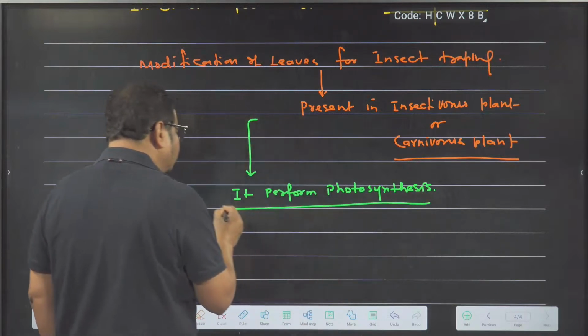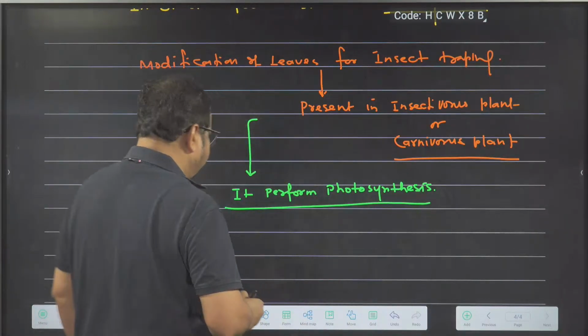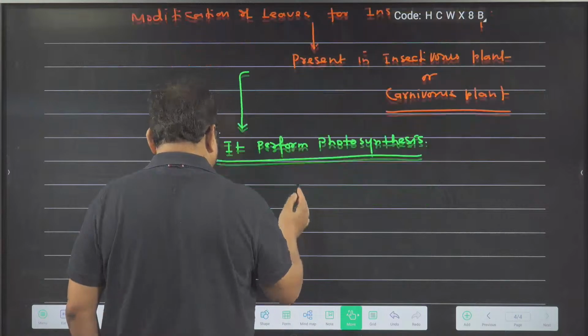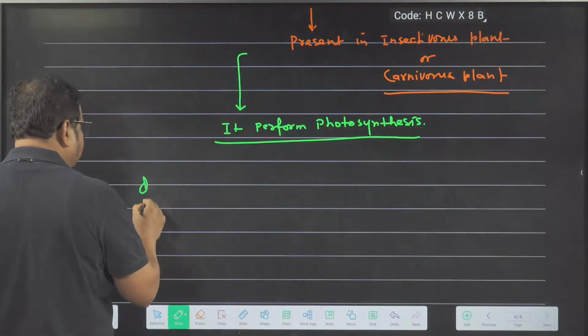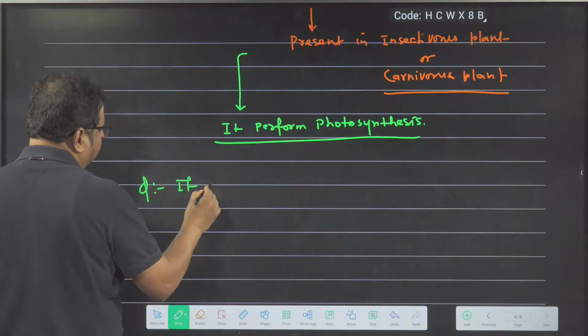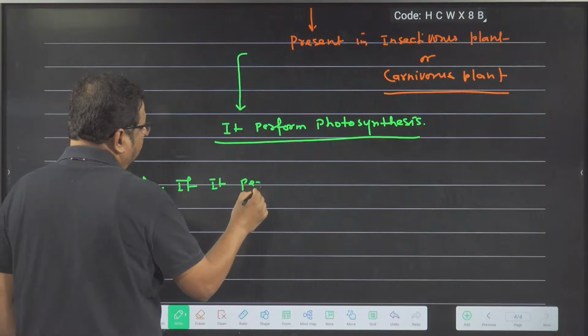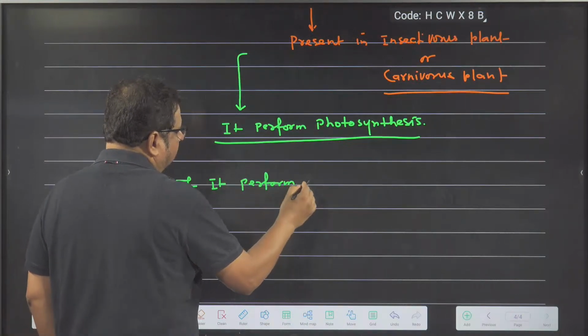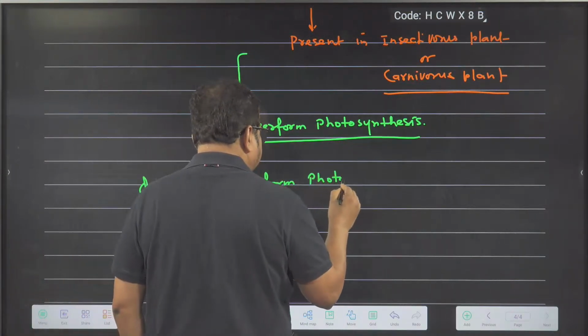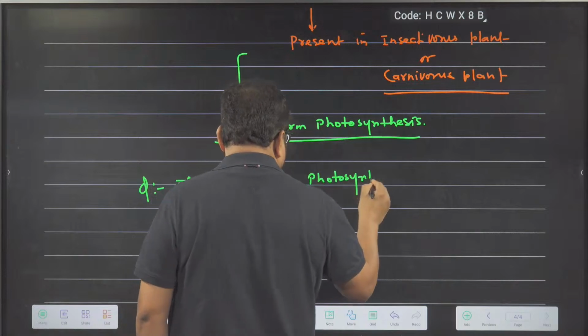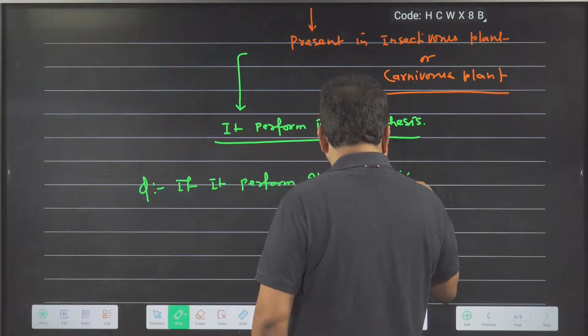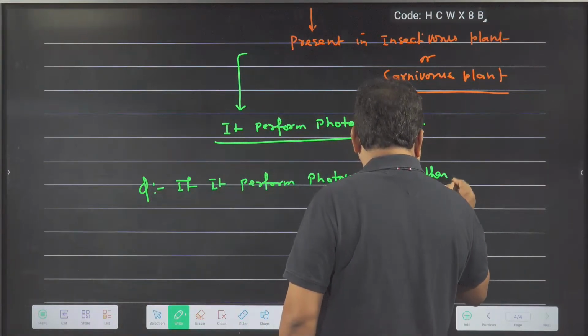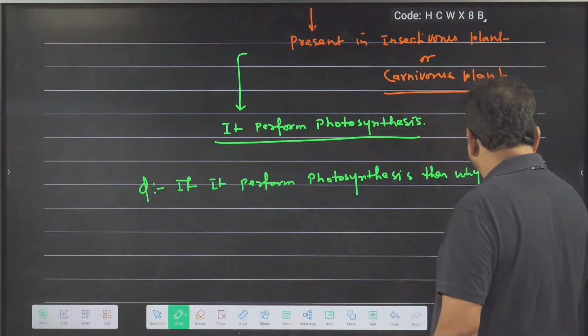If it performs photosynthesis, then why is it trapping the insect? I am asking a question.